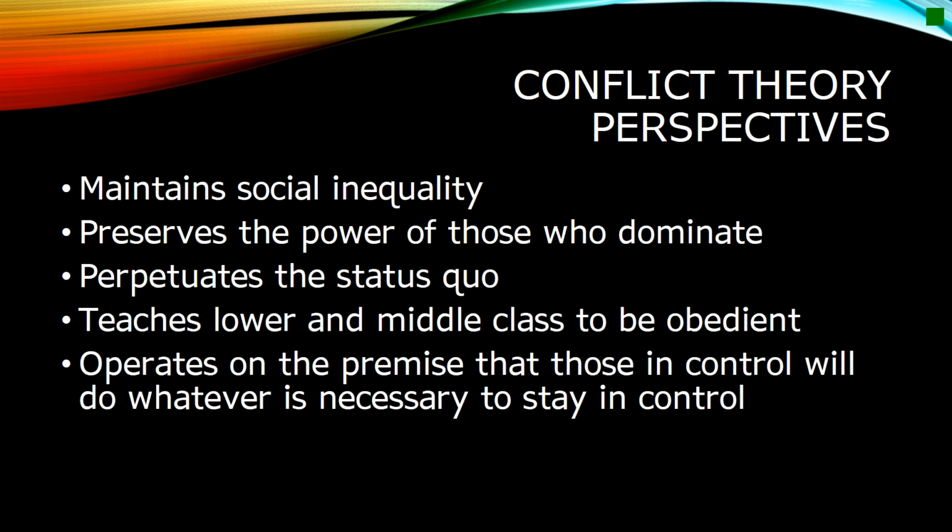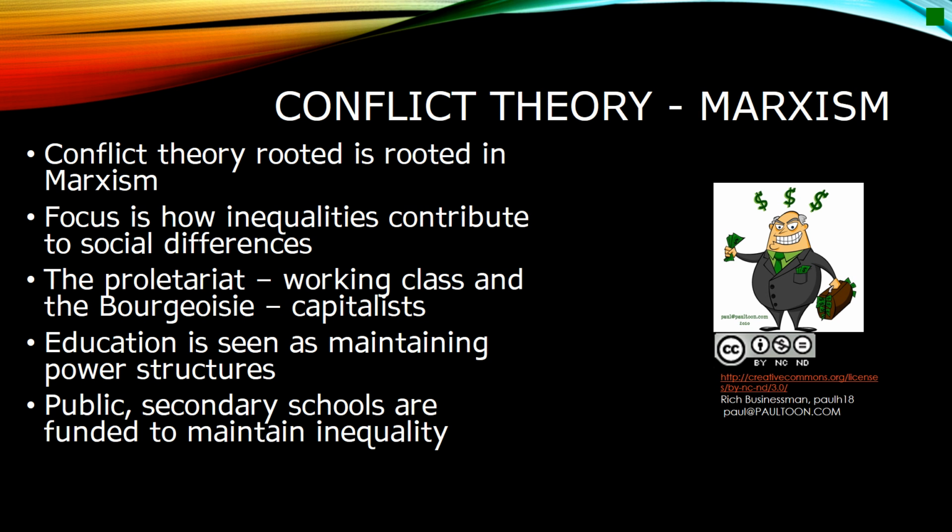The focus of conflict theory is how inequalities contribute to social differences and perpetuate differences in power. Marxism provided the foundation for conflict theory. The lower or working class is referred to as the proletariat, and the business owners or capitalists are referred to as the bourgeoisie.